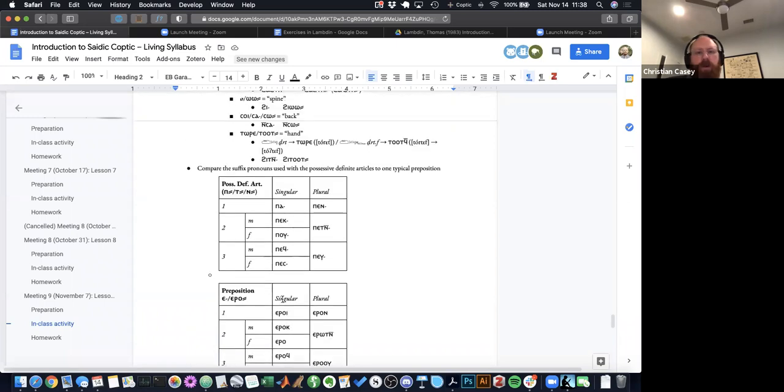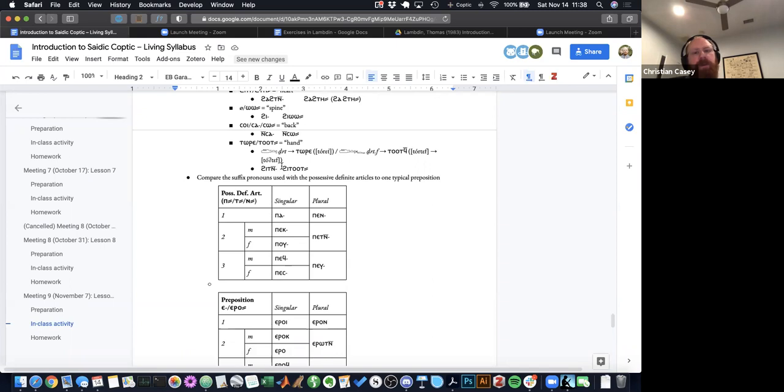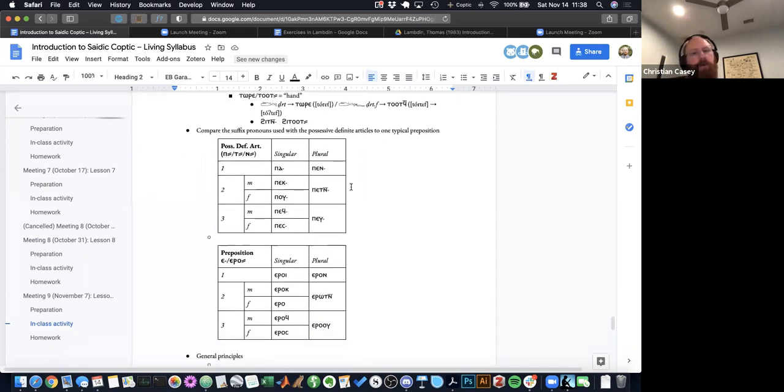In cases where the preposition ends in a T, as in hitoot, it would be hitooti. But then there was a rule that short final vowels tended to be lost at the end of words. So that just becomes hitoot. There's another rule in Coptic which says that final T, if not protected by a vowel, is lost at the end of a word.